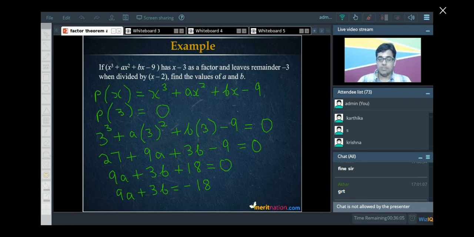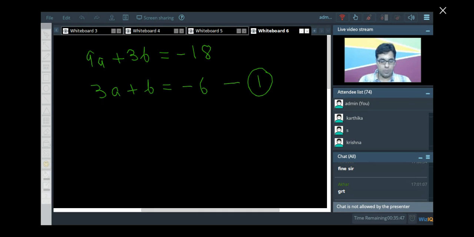And then second is to use here the remainder theorem. It's a long question. Now the polynomial leaves remainder minus 3 when divided by x minus 2. That means putting x minus 2 as 0, we will get x is 2.